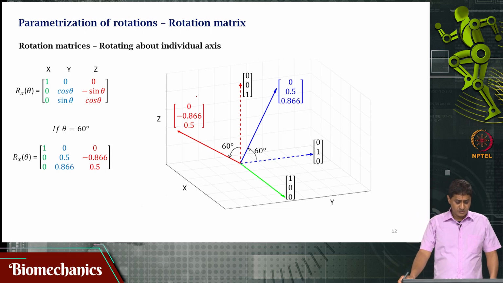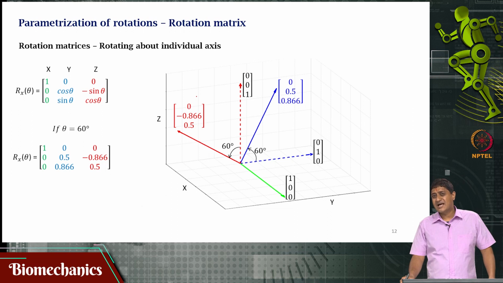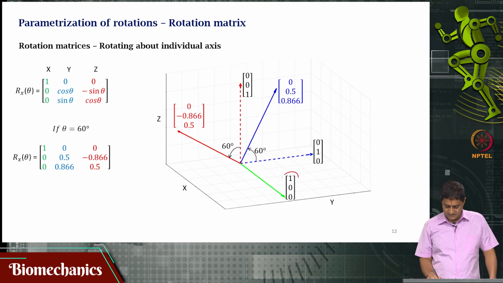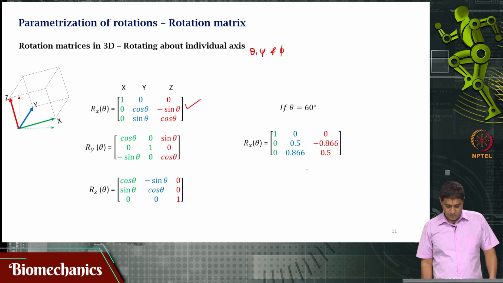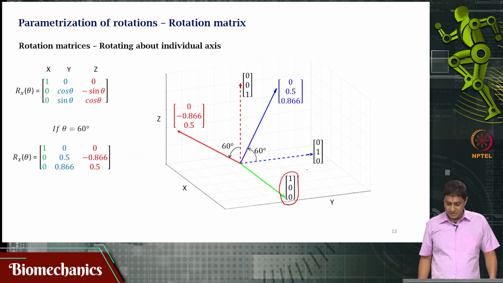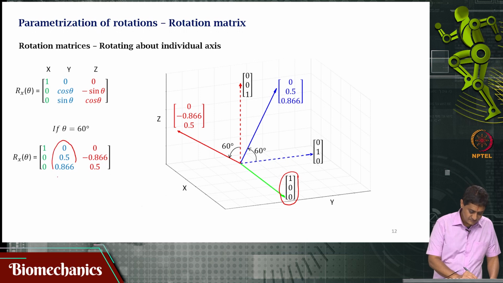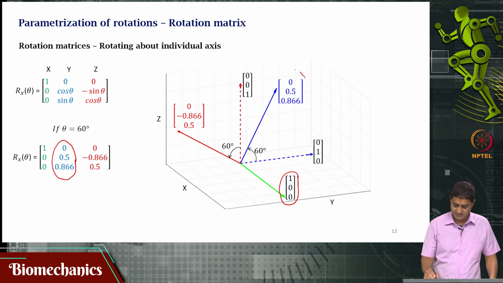If you rotate about the x axis, the rotation is not going to affect the x itself. So 1 0 0, this vector, will remain the same, but what was earlier 0 1 0 will rotate by 60 degrees and will become this.